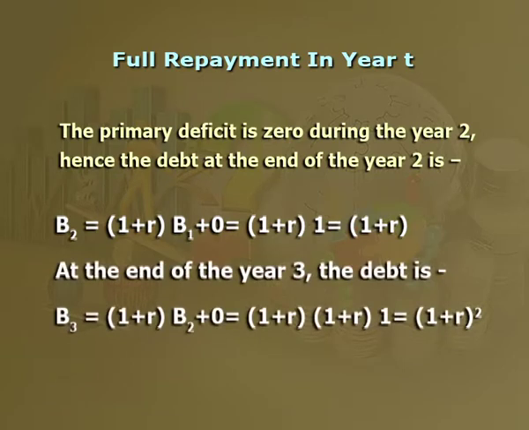At the end of year 3, the debt is B3, which is equal to (1 + R) × B2 + 0, which is further equal to (1 + R) × (1 + R) × 1, which is just (1 + R) squared.